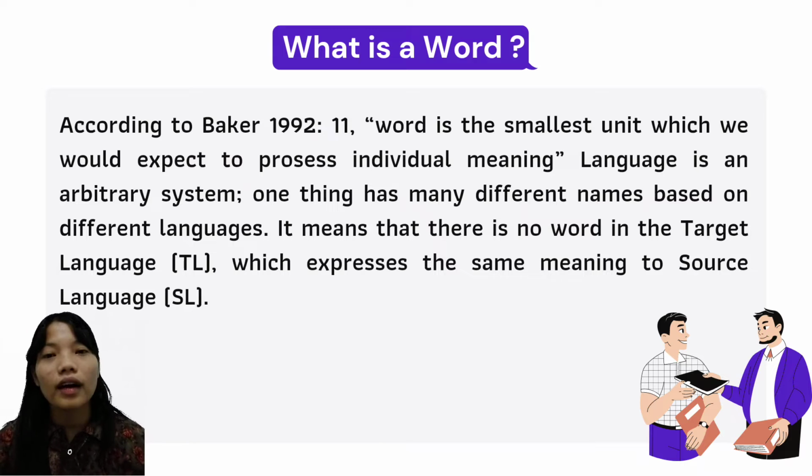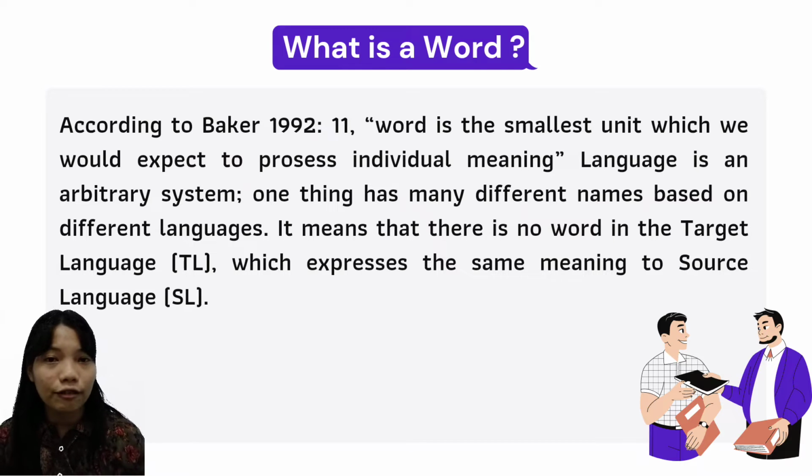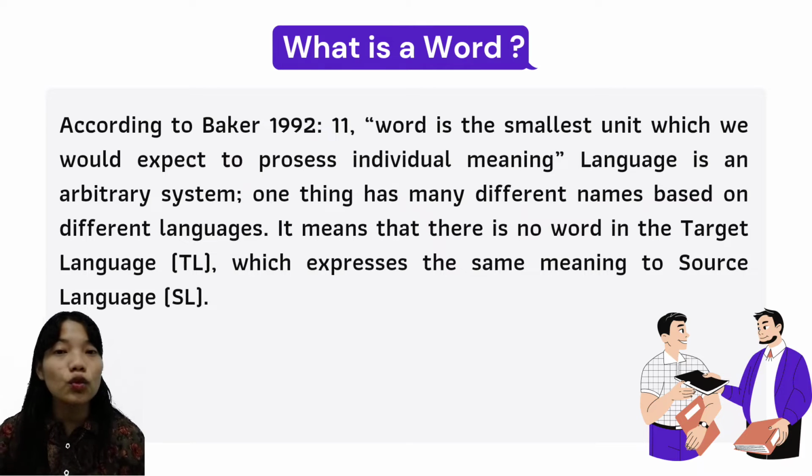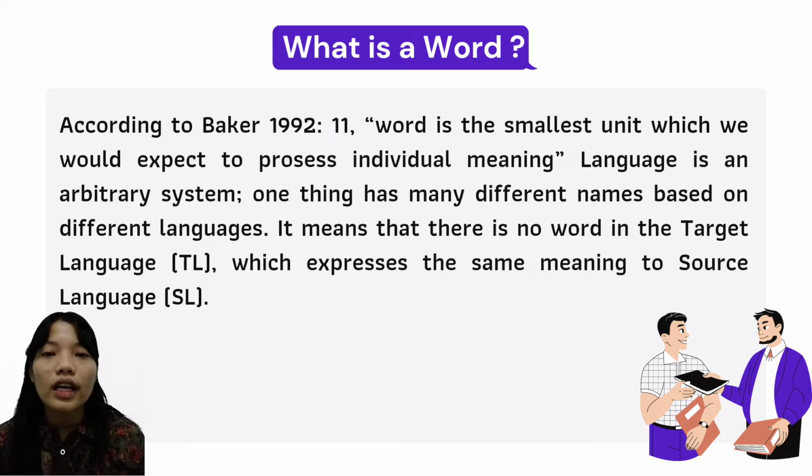So, talking about equivalence at word level, we must first know what a word is. According to Baker, 1992, a word is the smallest unit which we would expect to process individual meaning. Language is an arbitrary system.